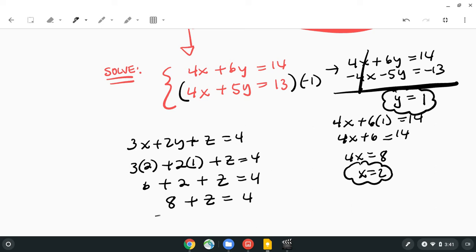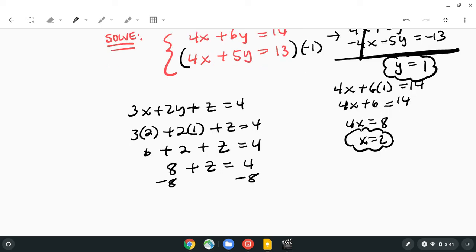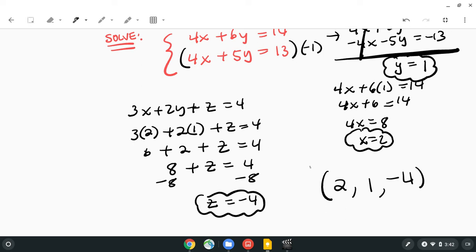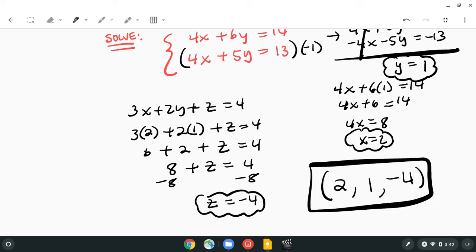Subtract 8 on both sides, and I get z equals negative 4. So now I have all three coordinates. So my answer, alphabetical order, x, y, and z. This would be the final answer.